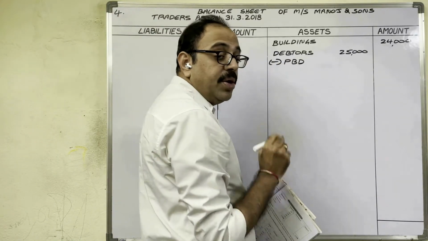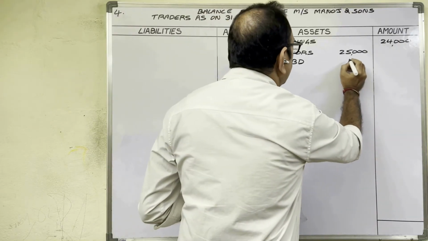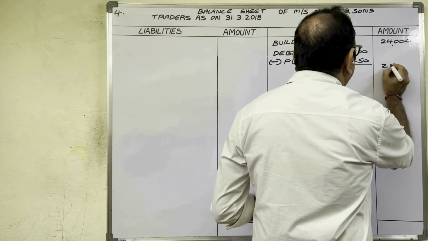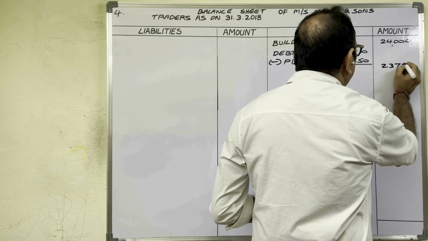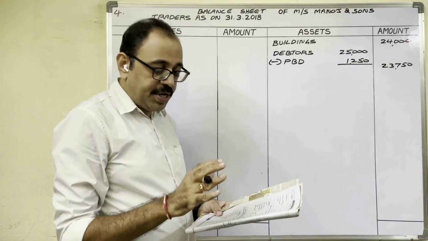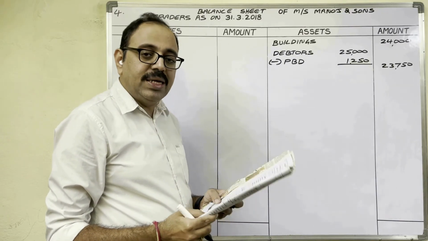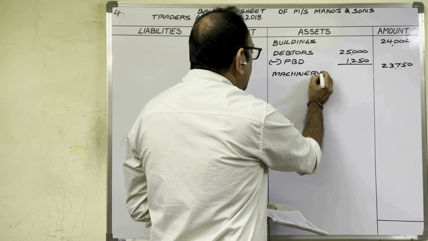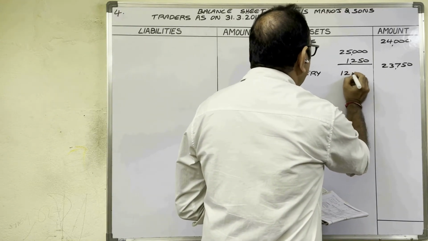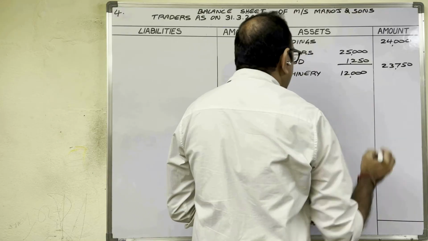We calculated the amount in P&L account now: 1250. Remaining amount in outer column 23,750 rupees. Next, opening stock completed. Machinery, it is an asset. Depreciation adjustment is there. Therefore, machinery amount 12,000 rupees in inner column.